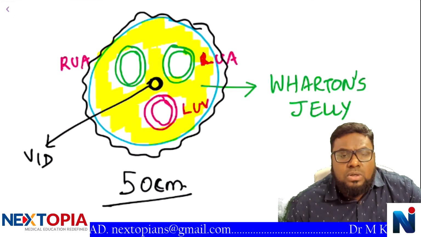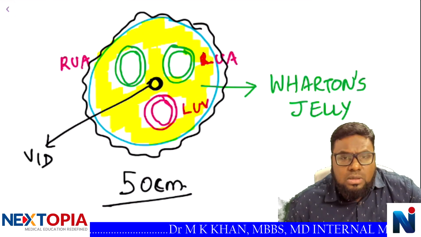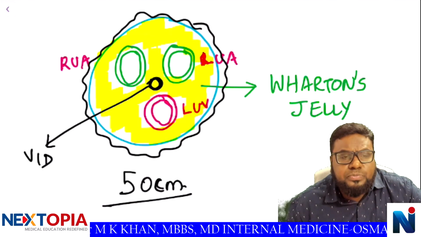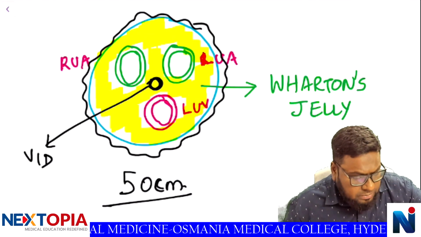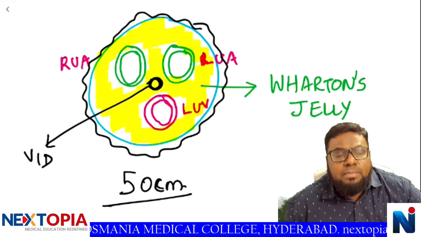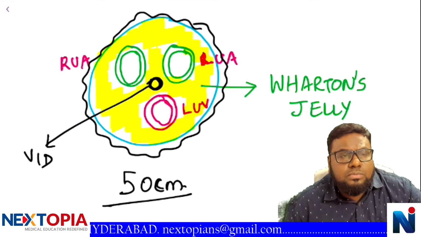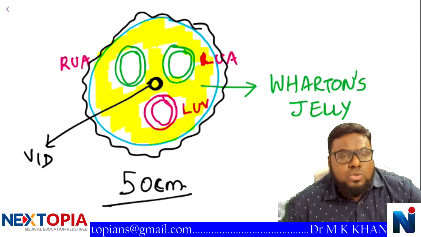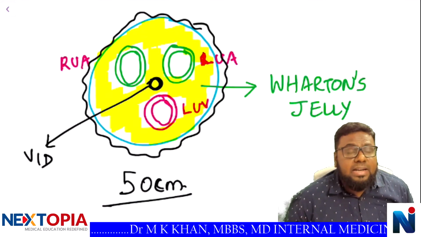So this is all about the folding of the embryo and the formation of the umbilical cord. Head fold, tail fold and lateral folds. If you remember, foregut, midgut and hindgut.